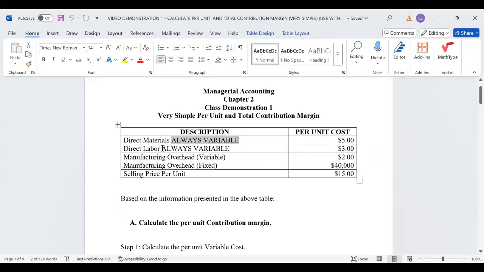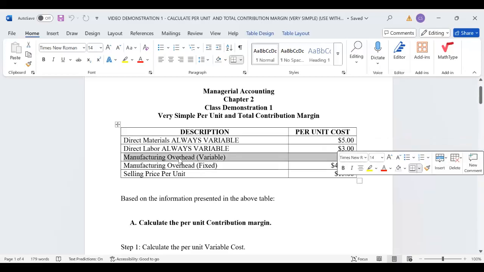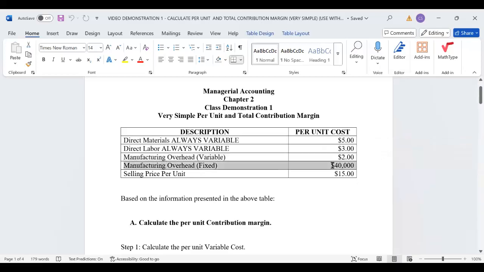Direct labor is also always variable. Now, the hard part is figuring out which manufacturing overhead costs are fixed and which are variable. In this case, I give it to you. Manufacturing overhead variable is $2 per unit, and I give you $40,000 worth of total fixed cost, and I give you a selling price of $15.